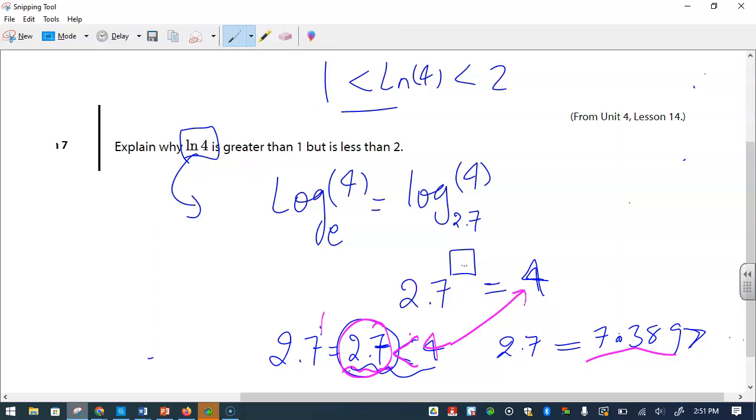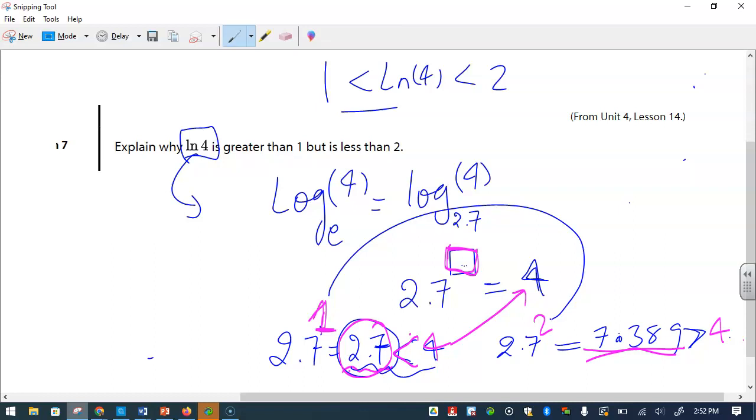And if it is 2, that means we get this number. This is greater than 4. And that's the reason we say this has to be between 1 and 2. I hope that takes care of it.